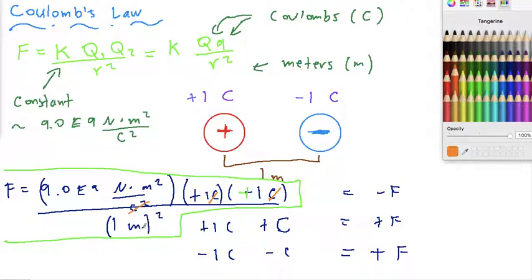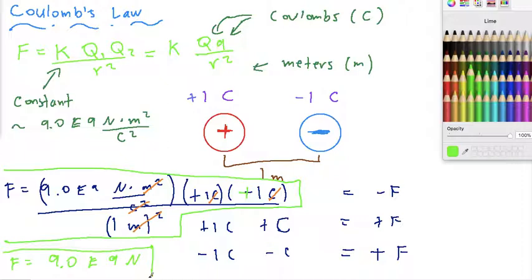Meter squared cancels right here. So the only value we're left with, as you may have expected from force, is newtons. The force between these two particles is 9.0 times 10 to the 9 newtons, and that's actually a very, very large force if you think about it. That's why I'm telling you that you're hardly ever going to encounter 1 coulomb.